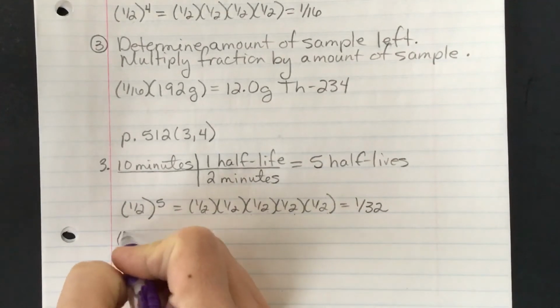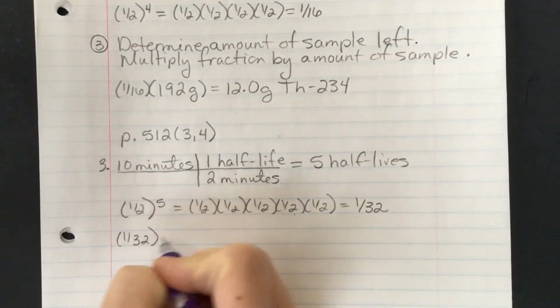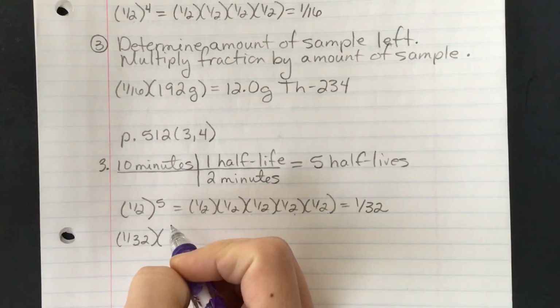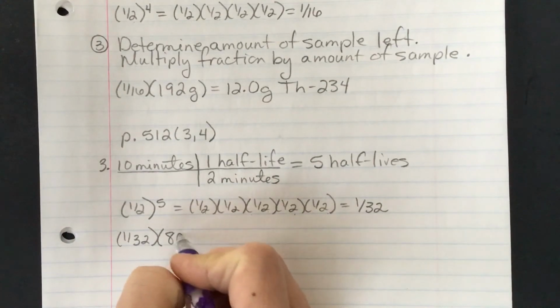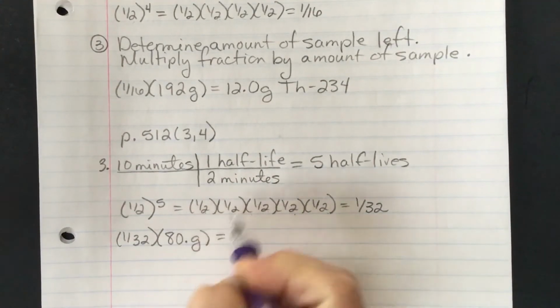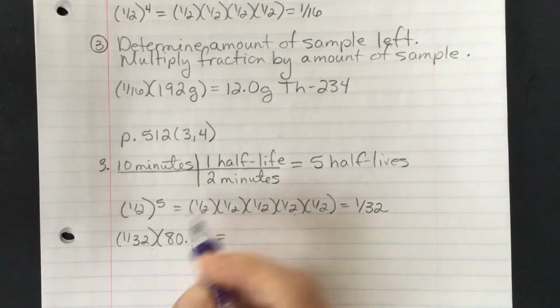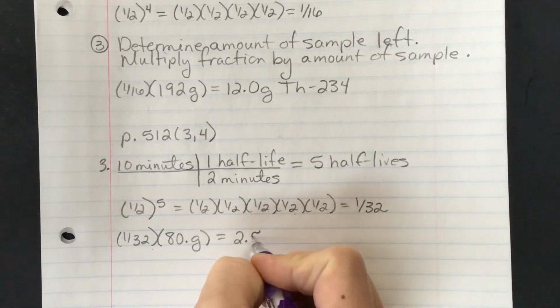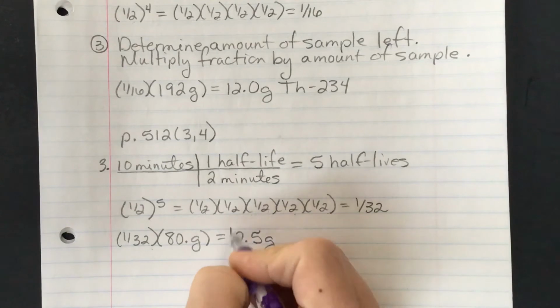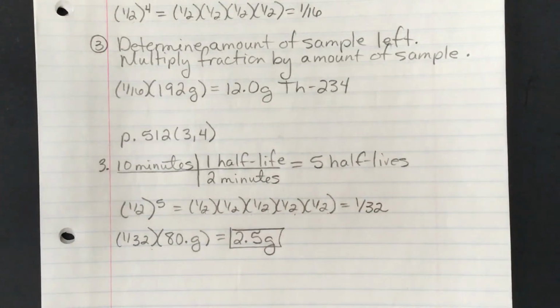So what we do then is we take 1/32 and multiply that by the amount of sample we started with, which was 80 grams. 80 divided by 32 is 2.5 grams of that sample are left.